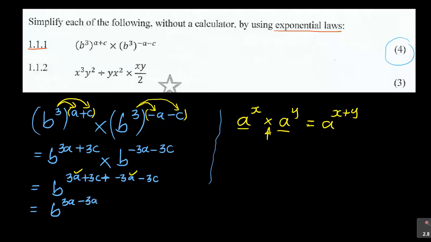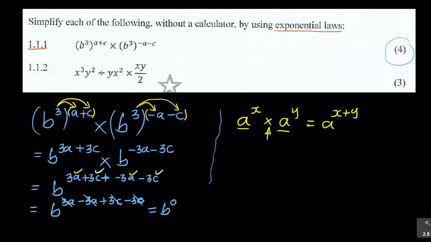And then the c part, which is plus 3c minus 3c. I hope you see that. You can see 3a minus 3a is 0, 3c minus 3c is 0. So I'm getting 0. The answer therefore is b to the power of 0.